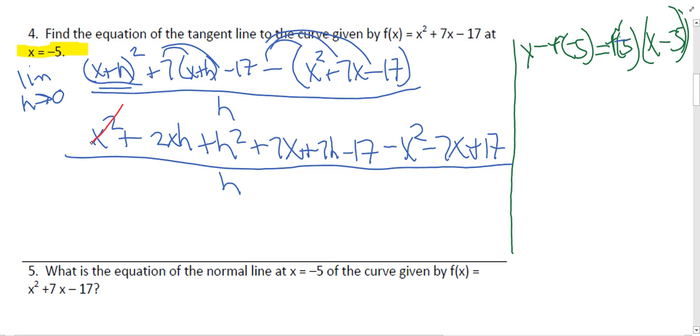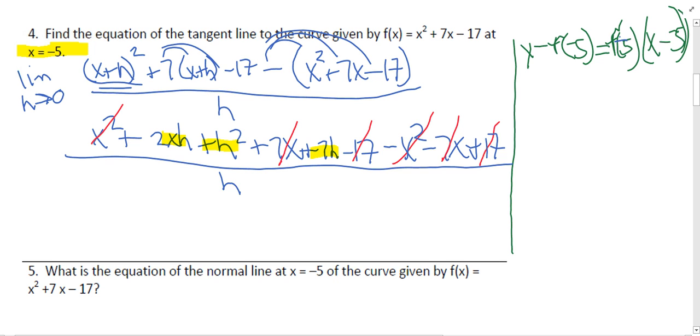I notice that we have an x squared, and I have a negative 7x here and a positive 7x. That cancels. We have our 17 positive and negative 17, so all we're left with is 2xh, an h squared, and a 7h.